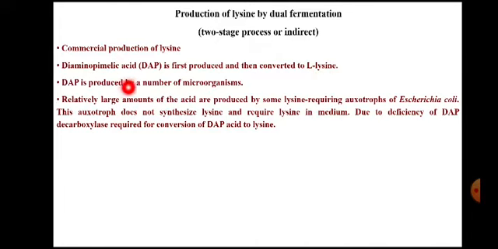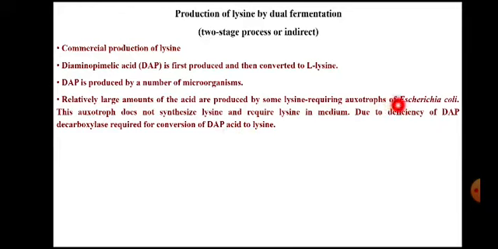DAP is produced by a number of microorganisms. A relatively large amount of the acid is produced by some lysine requiring auxotrophs of E. coli. So in the first step there is use of lysine auxotrophs of E. coli. This lysine auxotroph does not synthesize lysine and requires lysine in the medium, due to deficiency of DAP decarboxylase, required for the conversion of DAP to lysine.